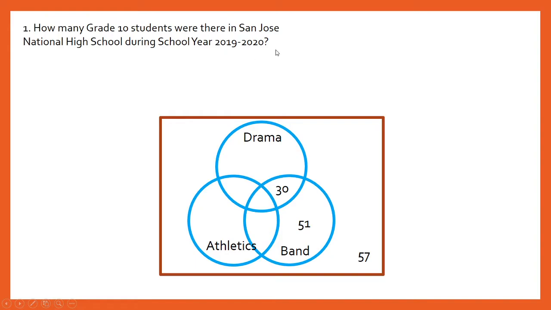We are just going to add all the numbers inside the Venn diagram. So these are 38 plus 4 plus 10 plus 30 plus 30, 137 plus 8 plus 51 plus 57 equals 345. So all of the numbers inside this is equal to 345.